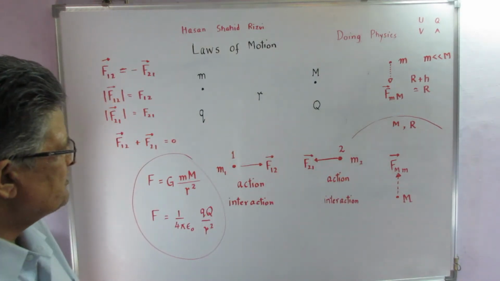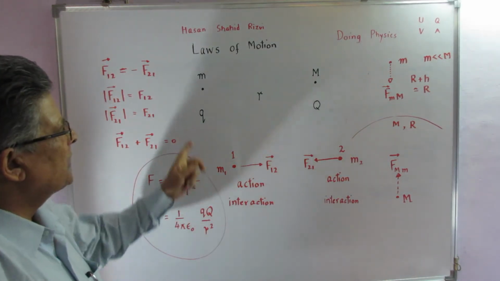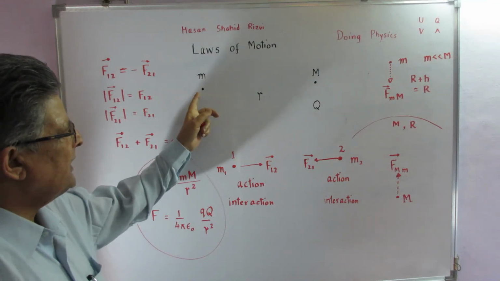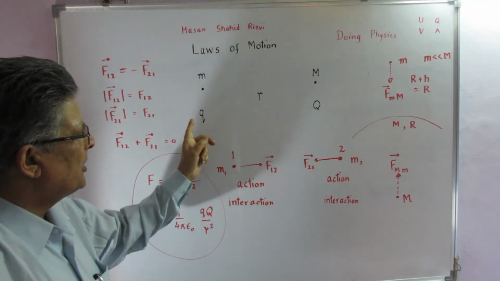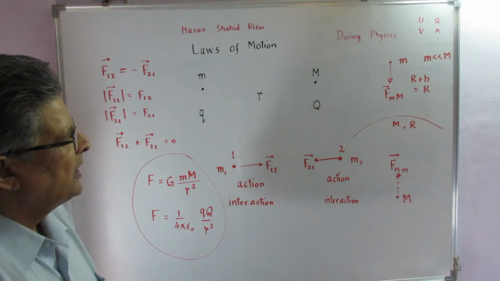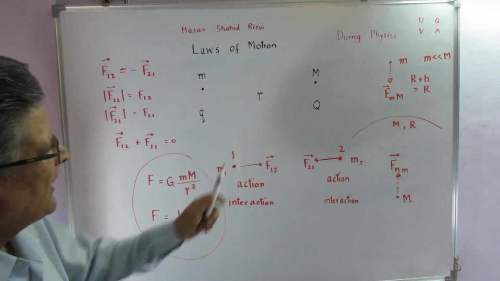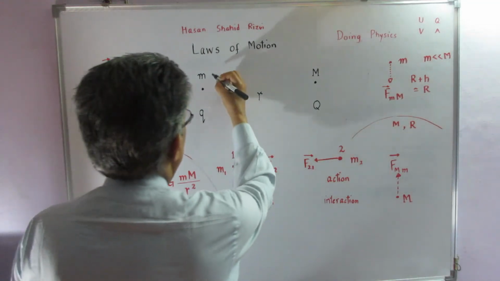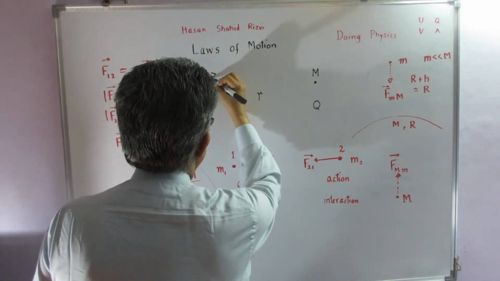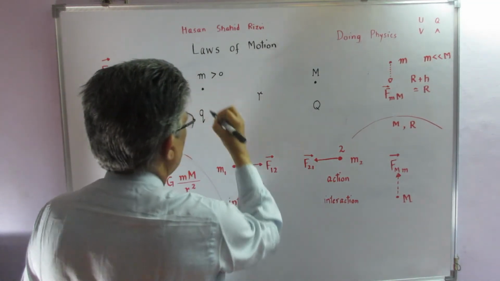I use the term particle, but now I can say the body has got a mass M and the body has got a charge Q. This mass is always taken as greater than 0.